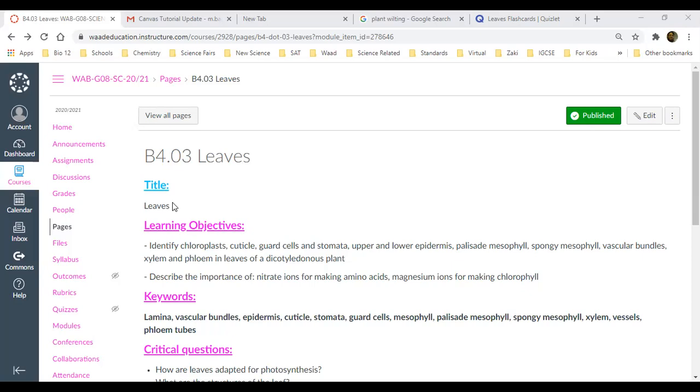Describe the importance of nitrate ions for making amino acids, magnesium ions for making chlorophyll.